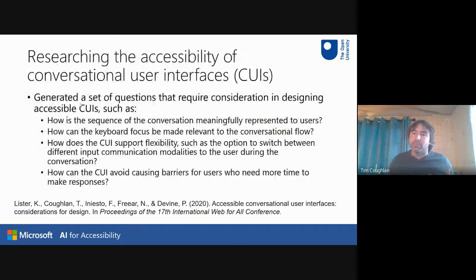So one of the things we've done is essentially create a series of questions at this point. We don't have enough to go on to create some kind of standard for chatbot accessibility yet, but there's a lot of questions to consider. Some of the things we came up with by reviewing accessibility standards and the needs of disabled people were things like, how is the keyboard focus moved around?